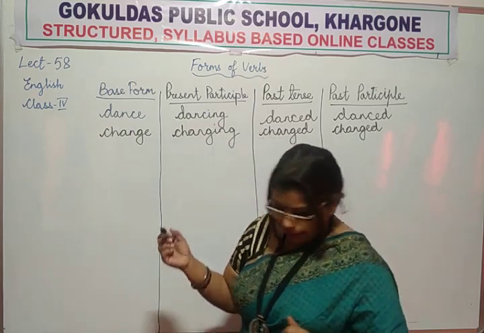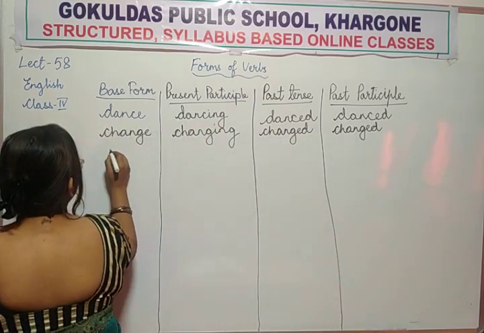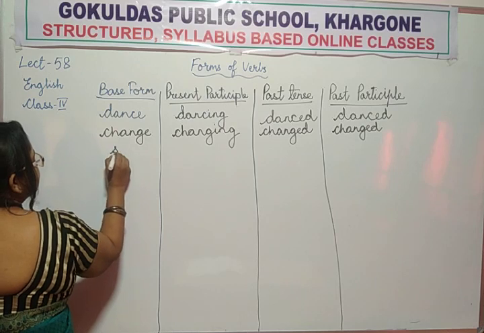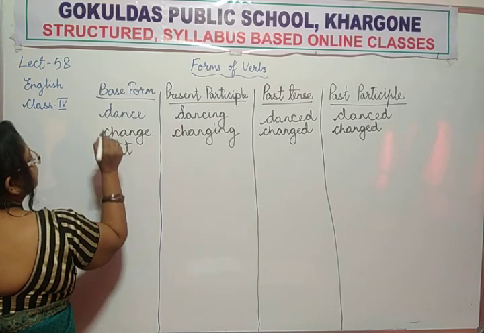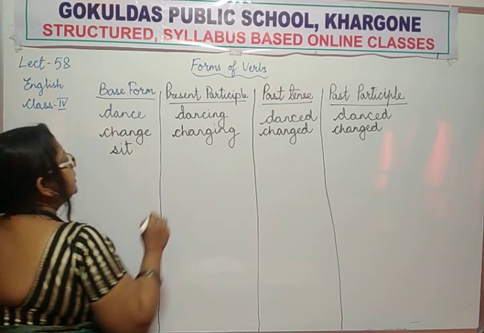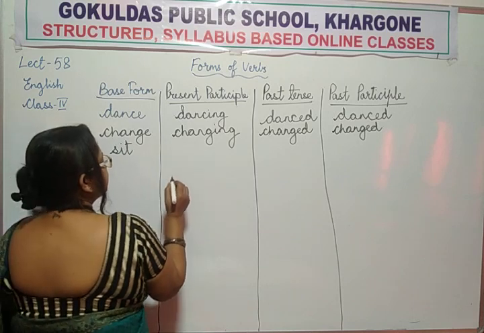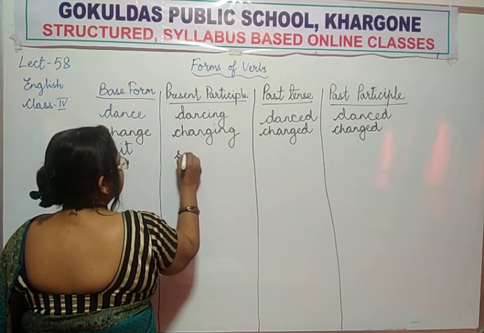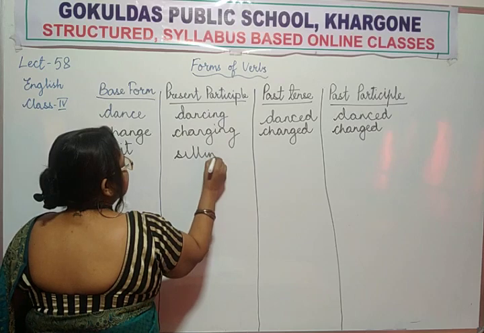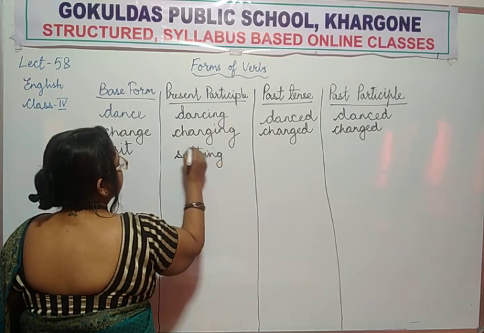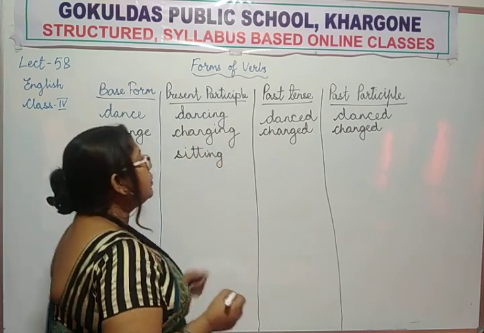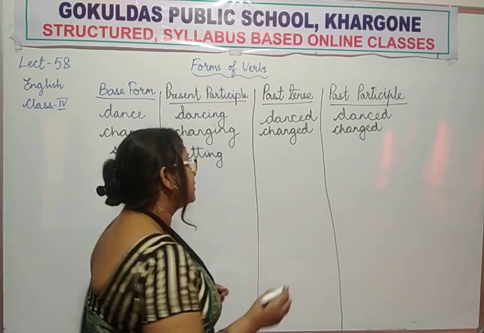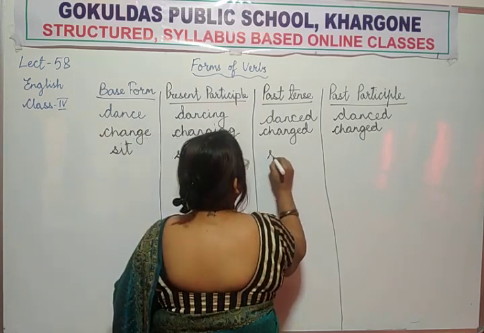I'll just write it down so that it's going to be easier for you to understand. Sit is the verb which is the base form. Right? Now present participle is sitting. Now here, the past tense is sat.